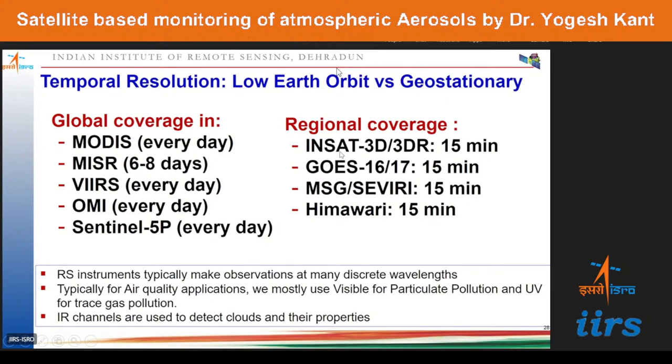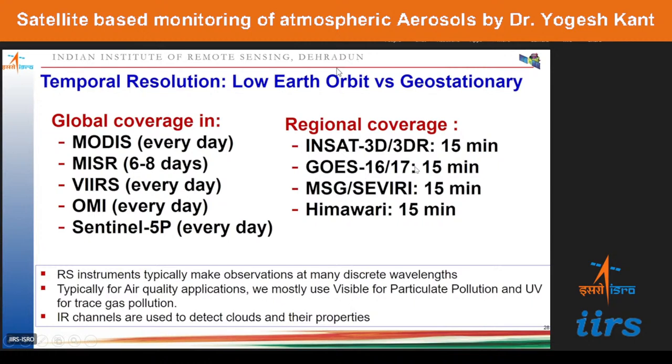In terms of pollution also, it can be every day or it can be every 3 hours. We want to see the impact, or how the air pollution is spreading from one region to another region. So depending on our objectives, we can choose either an Earth observation satellite or a geostationary satellite. The Indian geostationary satellite, INSAT 3D, provides an aerosol product.